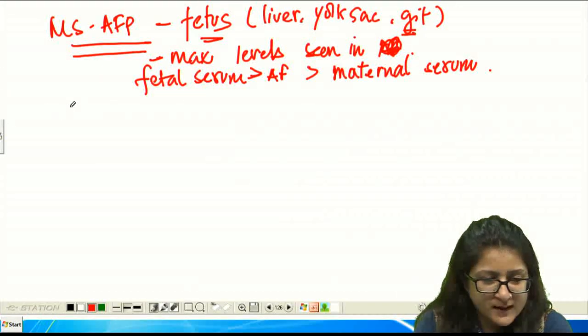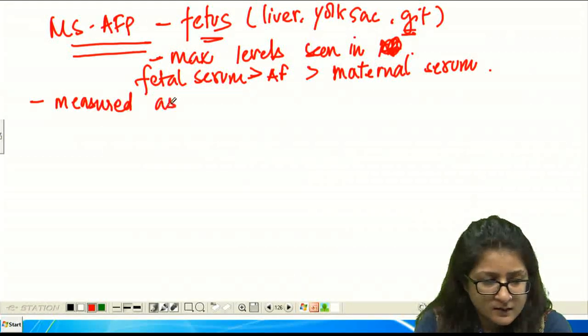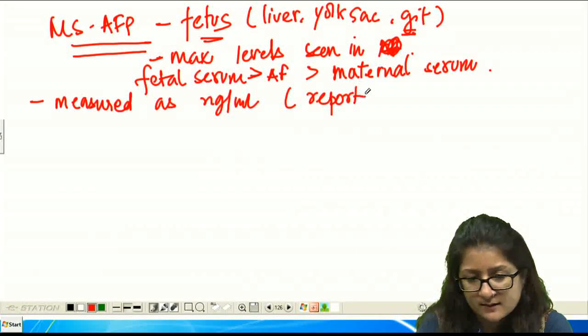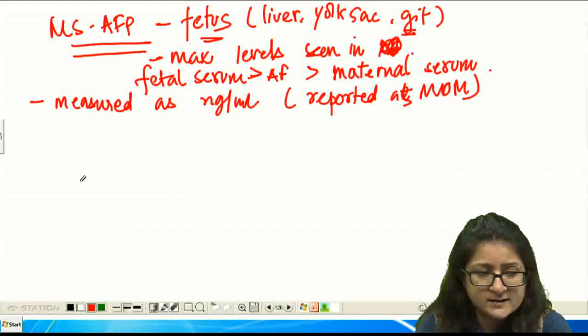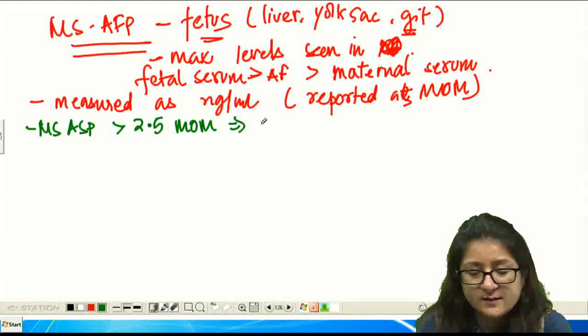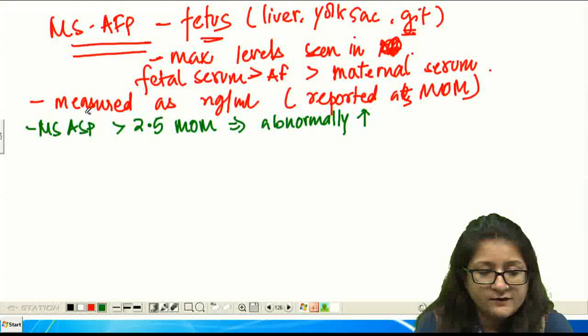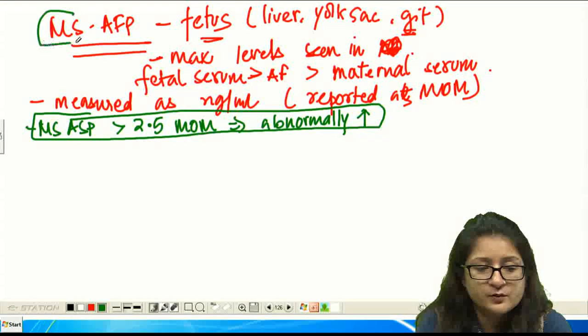In the maternal serum, it is measured as nanogram per ml, but it is reported as multiples of medians. A maternal serum alpha fetoprotein of more than 2.5 multiples of median is considered abnormally raised.